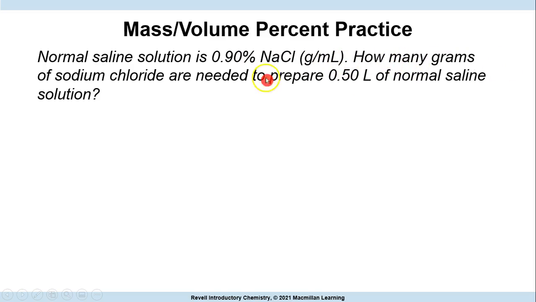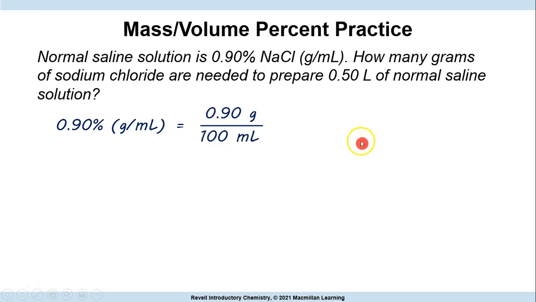Now, how many grams of the sodium chloride are needed to prepare a 0.50 liter of the normal saline solution? Now, the first thing is that we are going to see how many of these are found in a liter.